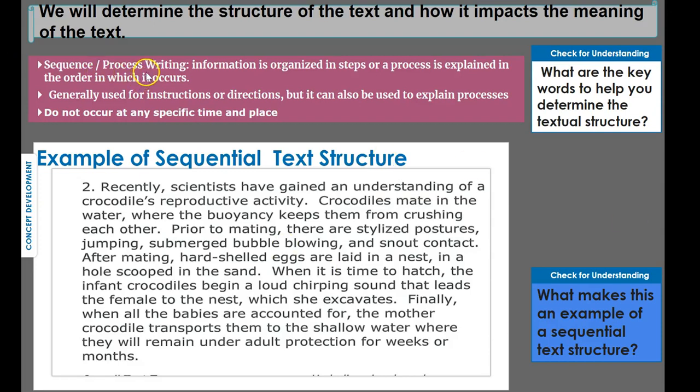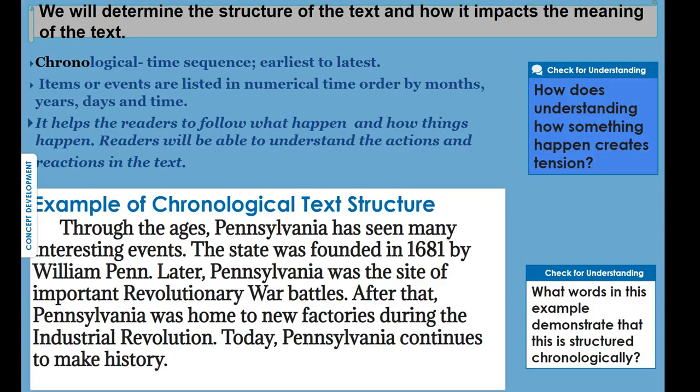So sequential and process writing needs to go on the left side, and then in the middle, you will have that information. All right, we're going to do the same thing right here for chronological. Chronological, we see that prefix chrono. Chrono deals with time. This is a time sequence from the earliest to the latest. These events are in numerical order.